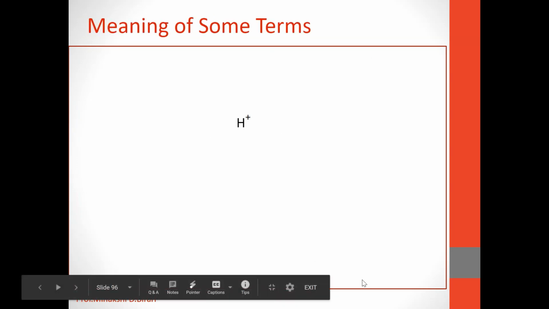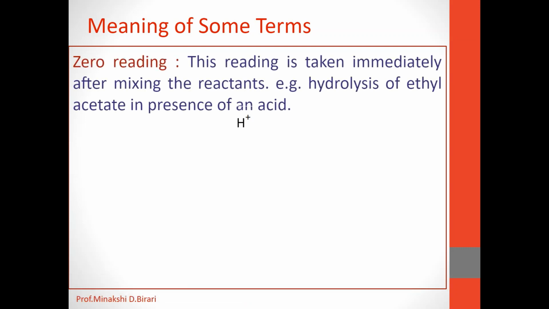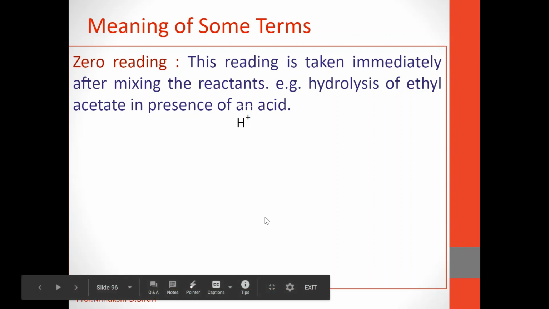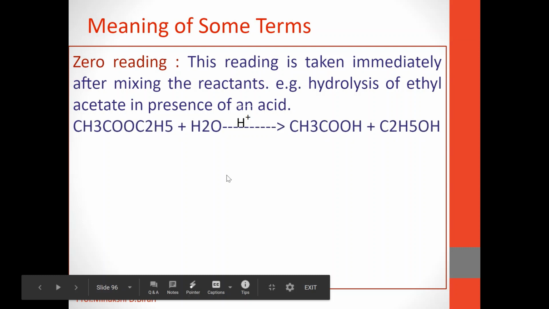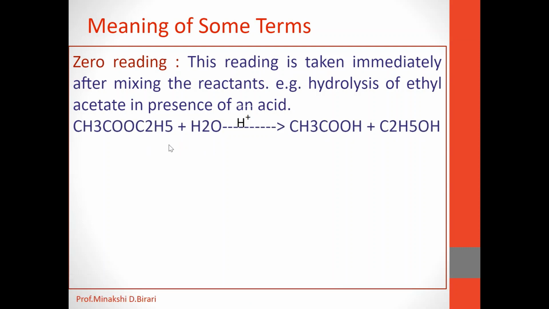Before starting this, we should remember some terms which are used in chemical kinetics, like zero reading. So what is zero reading? This reading is taken immediately after mixing the reactants. For example, consider the reaction hydrolysis of ethyl acetate in presence of an acid. If these two reactants are mixed together, the reading which is taken is known as zero reading.